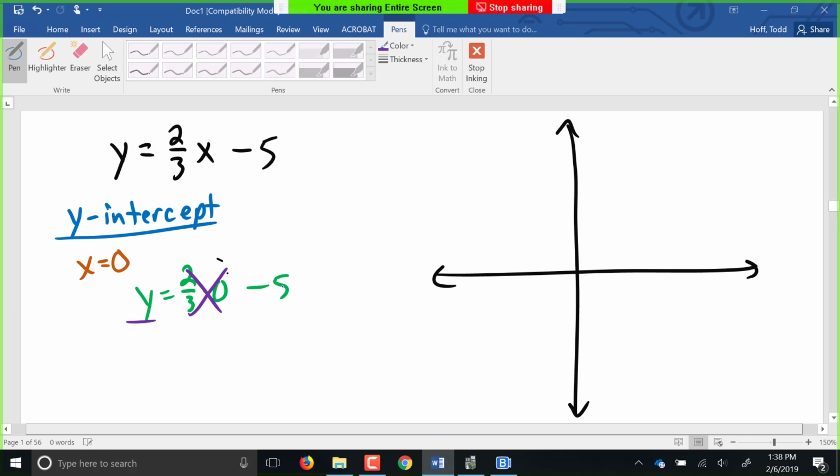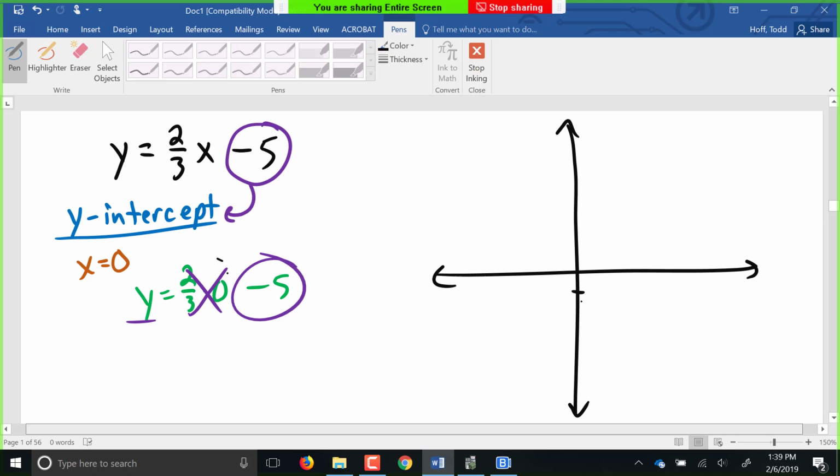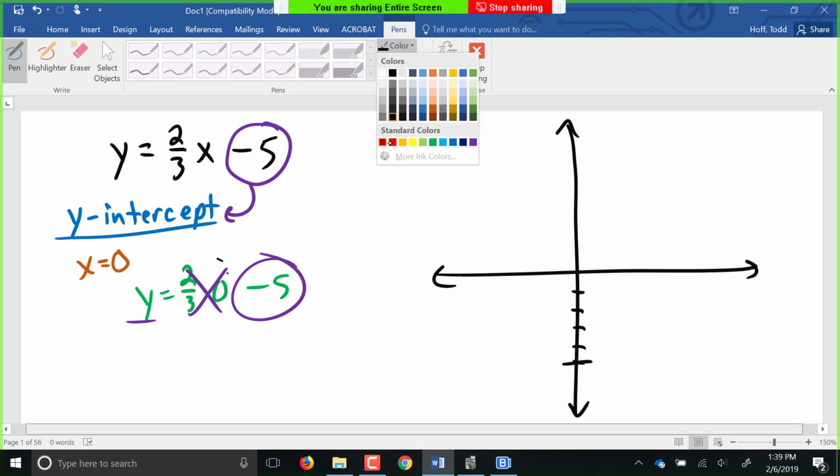Well, that just crosses off, y equals negative 5. We had mentioned back up towards the beginning of class today, this number here that's added or subtracted is the y-intercept. So from the origin, we go down 1, 2, 3, 4, 5. That's our y-intercept. That's where this line starts.